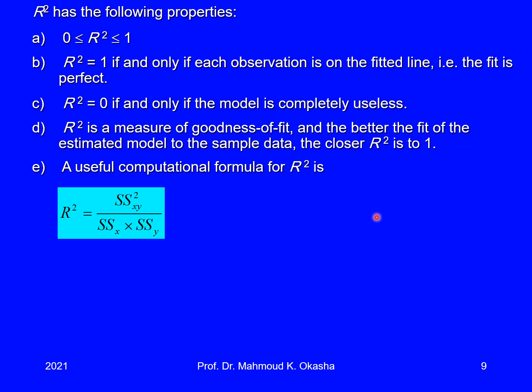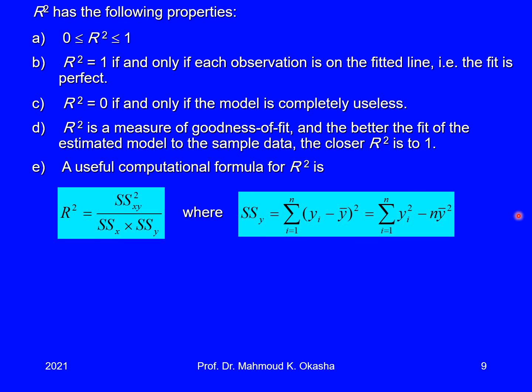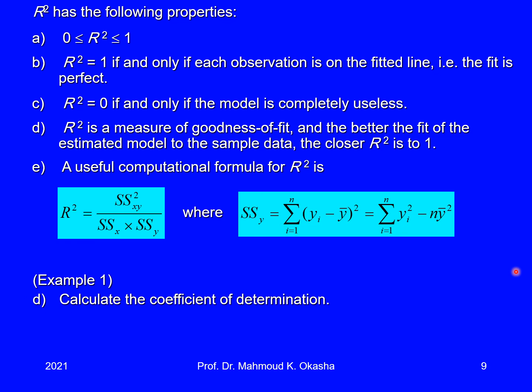It is the same as SSx with y substituted for x, right? Which is like that. Similar to SSx actually. SSy equals the sum of squared differences between y and their average, and this formula is similar to the one for x actually.